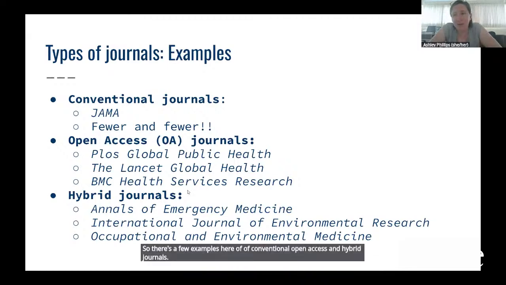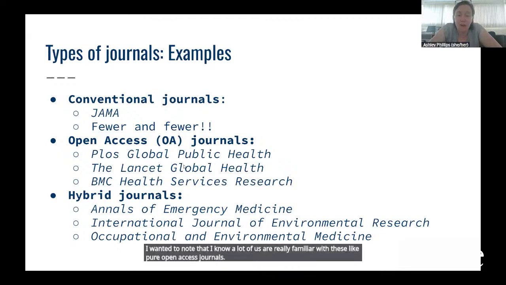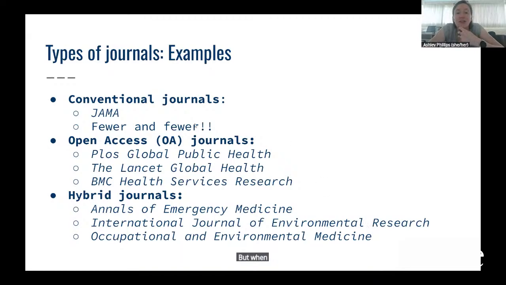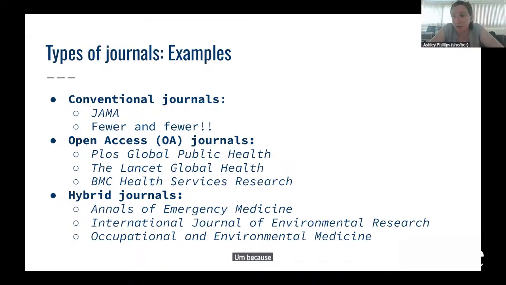So there's a few examples here of conventional, open access, and hybrid journals. I wanted to note that I know a lot of us are really familiar with these pure open access journals, but when I was preparing for this presentation, I was finding that fewer and fewer journals are going with the conventional model because people are really demanding open access, I think.